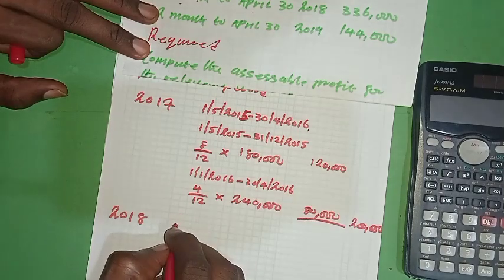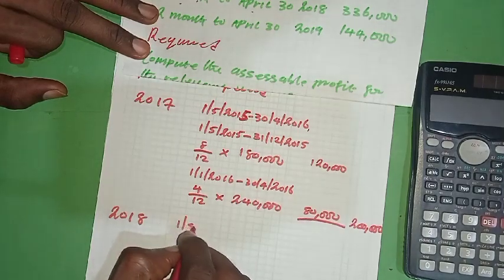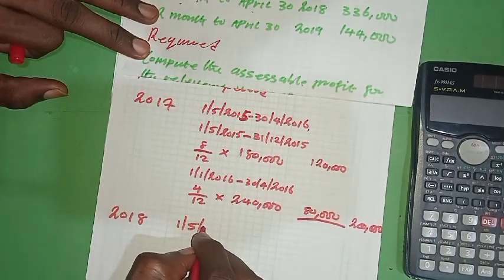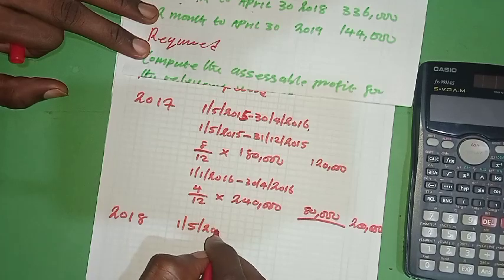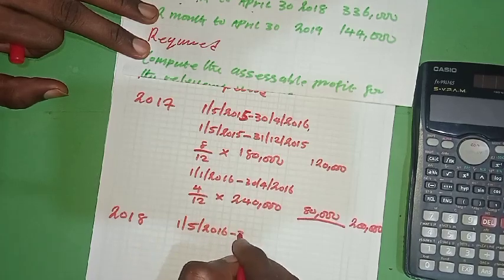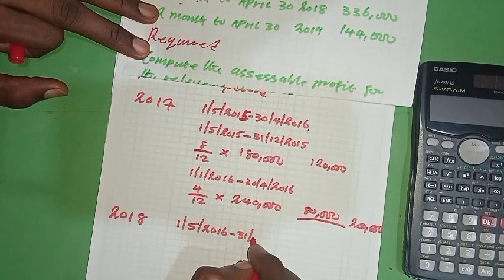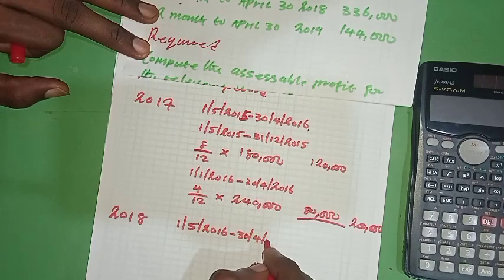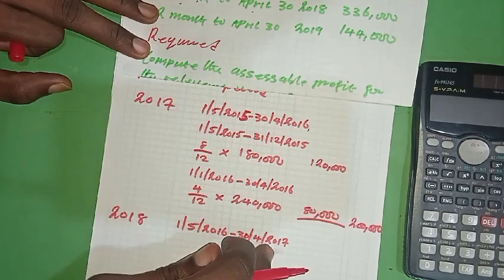218, the basis, the date there is 1st May 216 to 30th April 217. Because 218 was assessing 217.